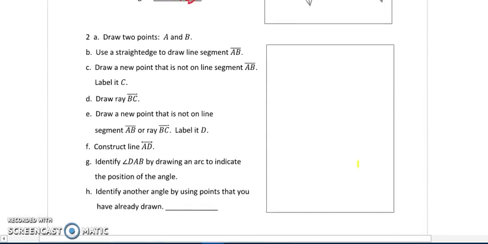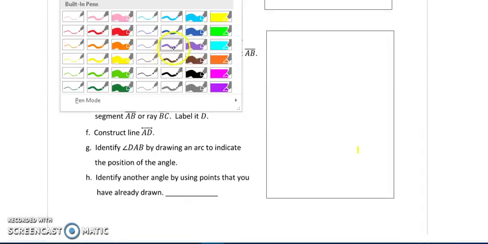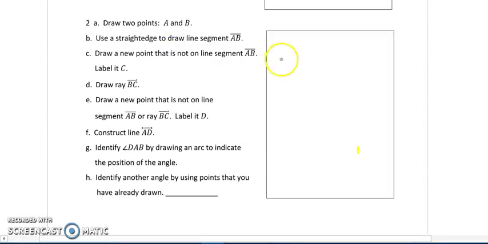Alright, let's move on. Similar situation. Says we're going to, let's do a little purple, draw points A and B. Let's start down here, A and B. Then it says to use a straight edge to draw a line segment, AB.